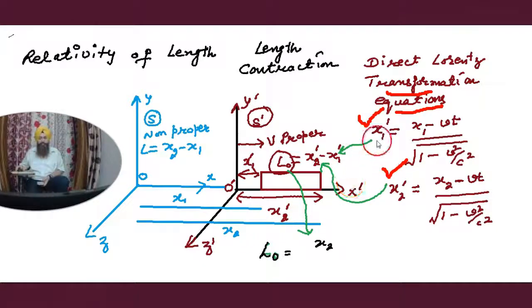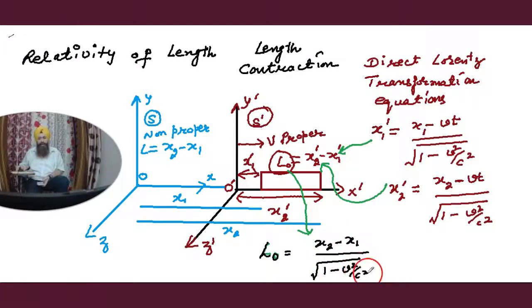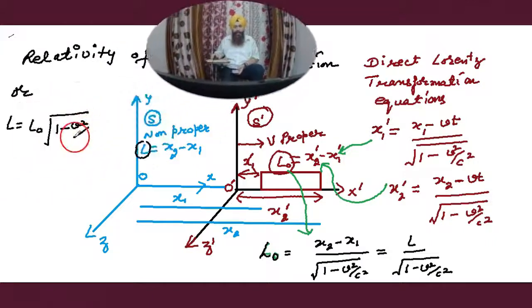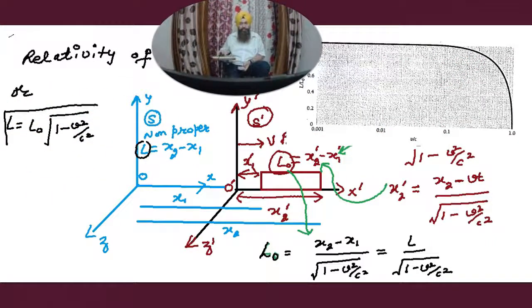Now just substituting the values here, you will have the relation between the moving length and the proper length. L0 is the proper length, and this factor is always a fraction.